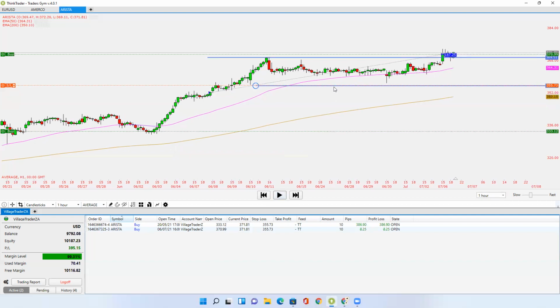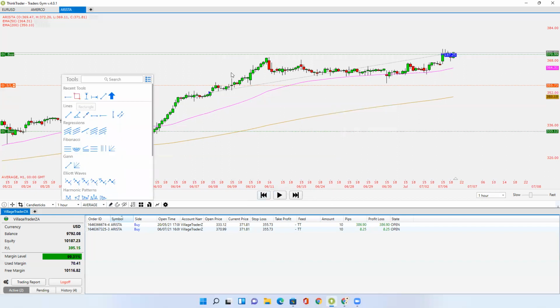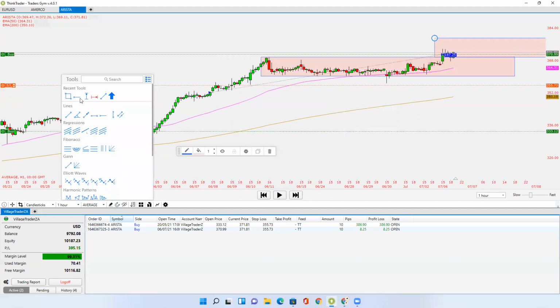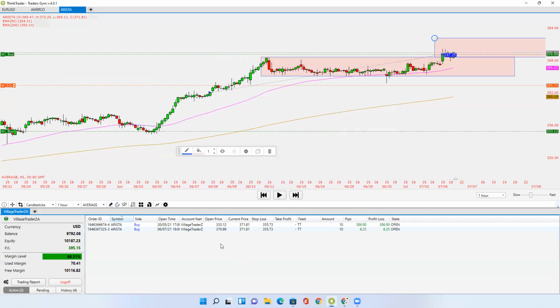Again, now that we're at new highs, it's time to bring Davos back in. It's time to bring Davos back in, right? With a targeted stop at, let's say, somewhere at the base of that box.